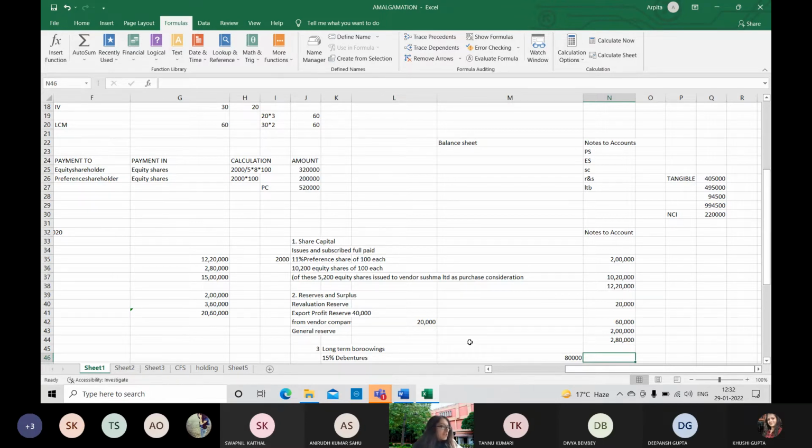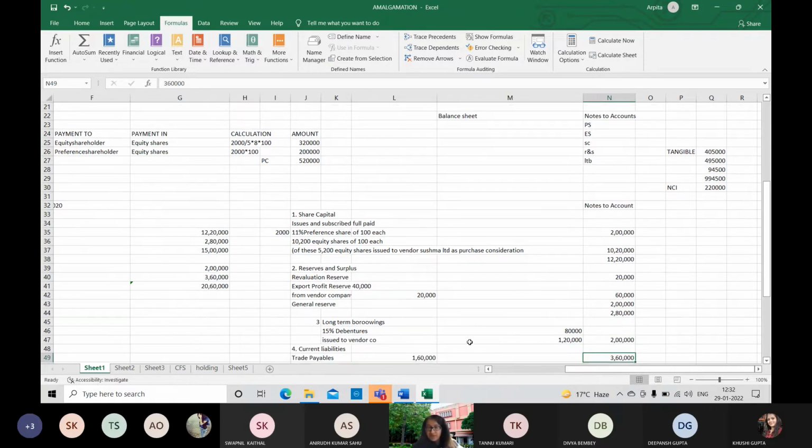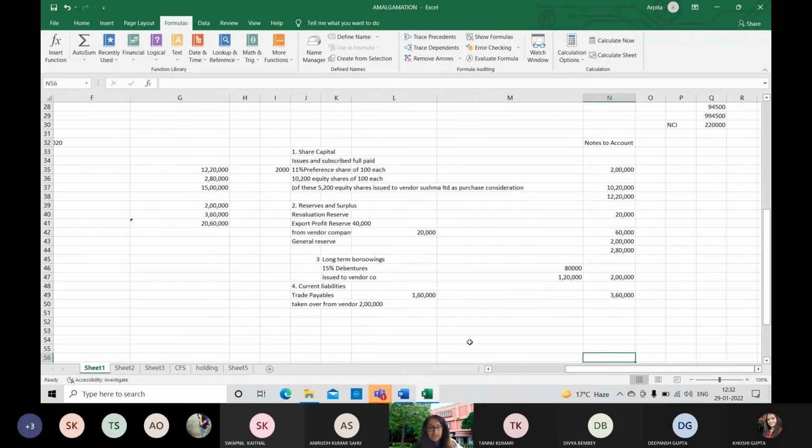So 1,50,000 into 6 for every 5 shares, that is divided by 5. So your purchase consideration is going to be calculated like this. Obviously इसमें आपको पूरा format follow करना है, which you will do payment to, payment in, and calculation. This is how you're going to do. This is going to be your answer.